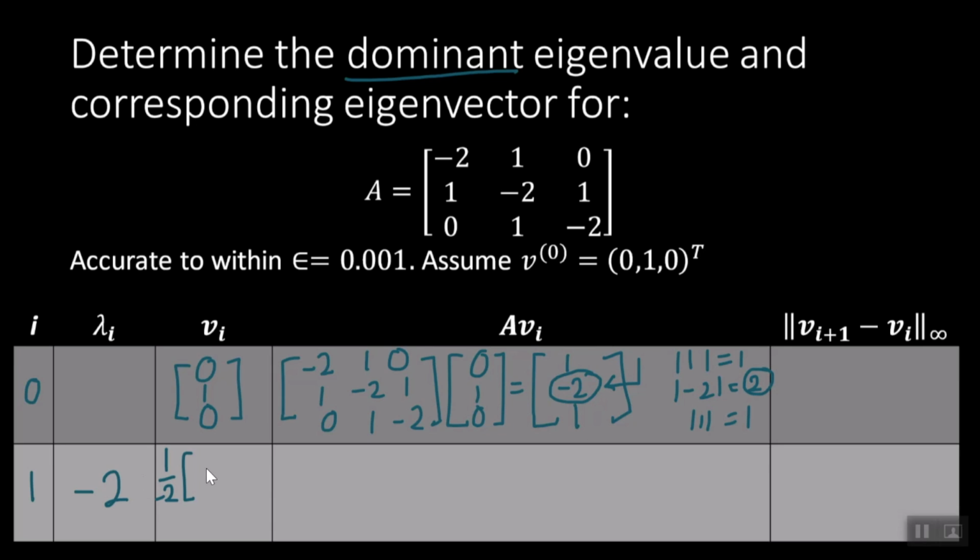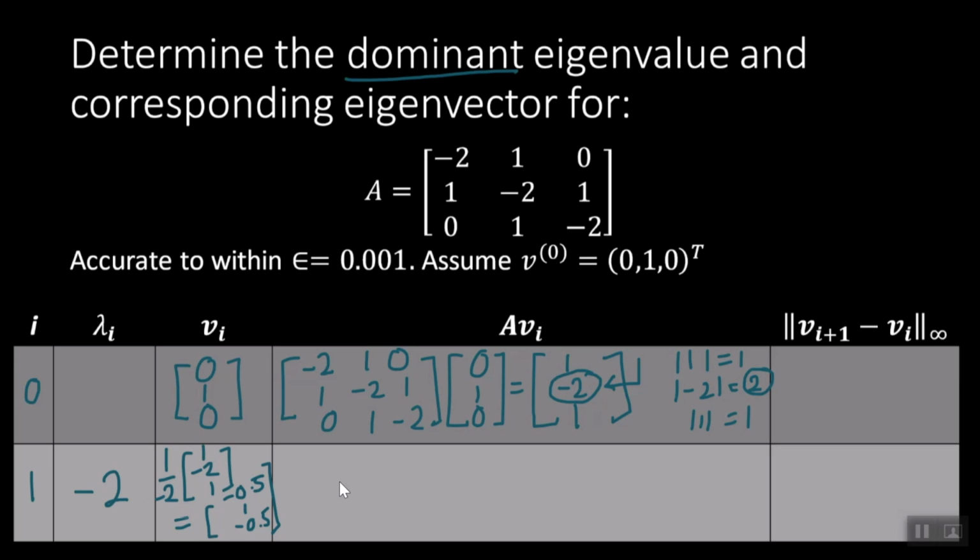And we've learned this before using the formula 1 over lambda multiplied by AV. 1, -2, 1. And this gives us -0.5, 1, -0.5.